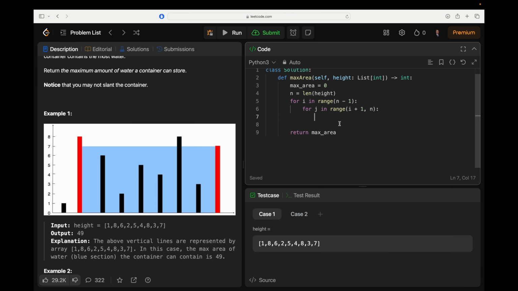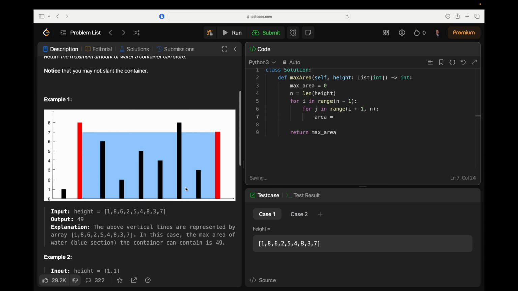Okay. So area equals, what would actually be the way you calculate the area?